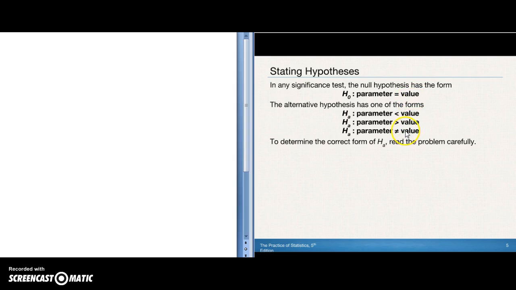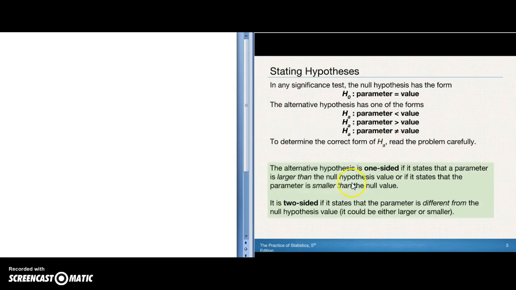Or we might think that it's both, that we don't know if it's greater than or less than. To determine which one to use, it's going to be stated directly in the problem. The first two, less than or greater than, are referred to as one-sided hypotheses. And when you do something that's just different, where you don't know whether it's larger or smaller, it's considered two-sided. It should make sense: less than is one-sided, greater than is one-sided, and two-sided is I don't know if it's above or below.